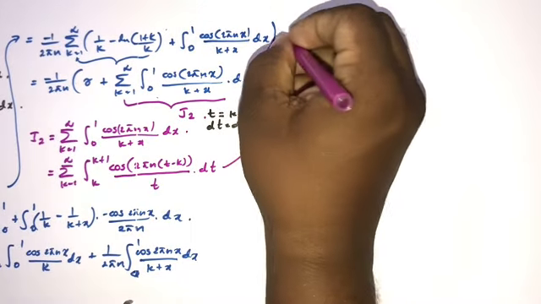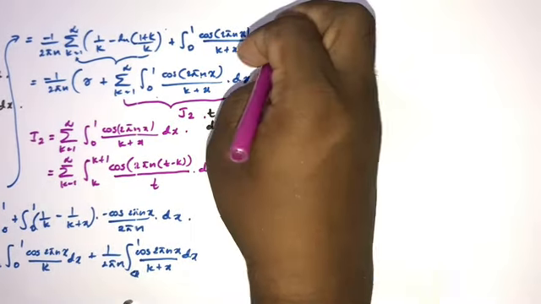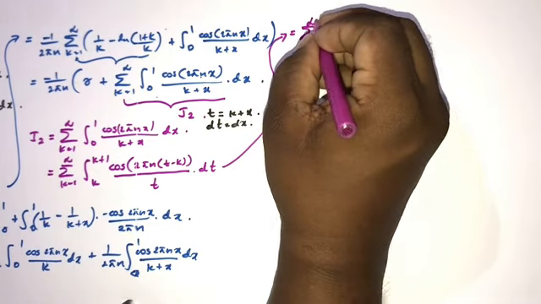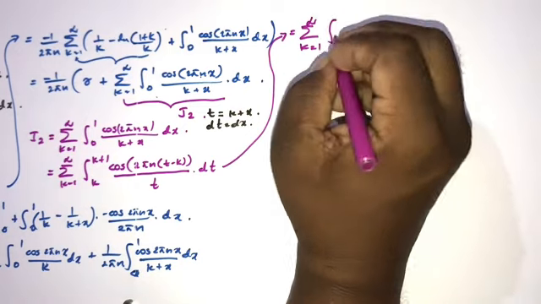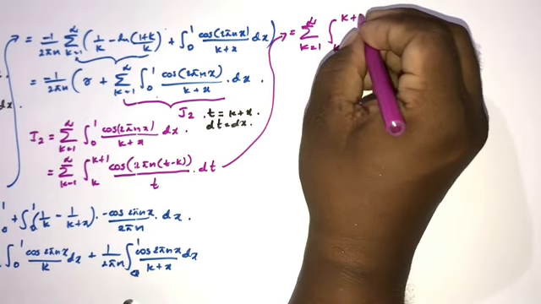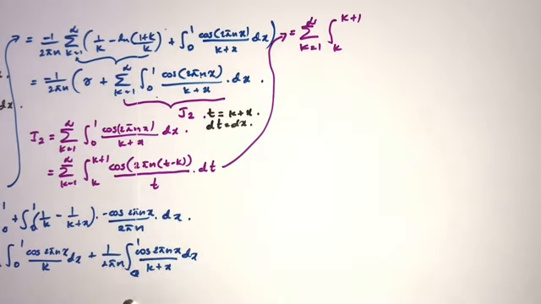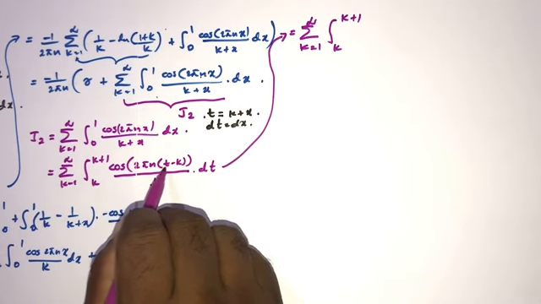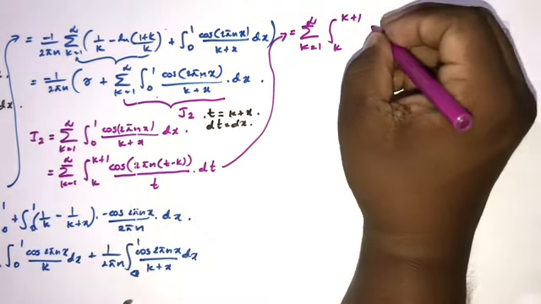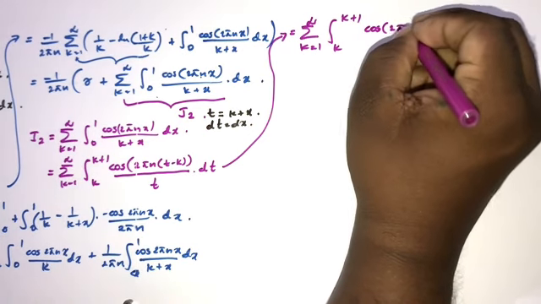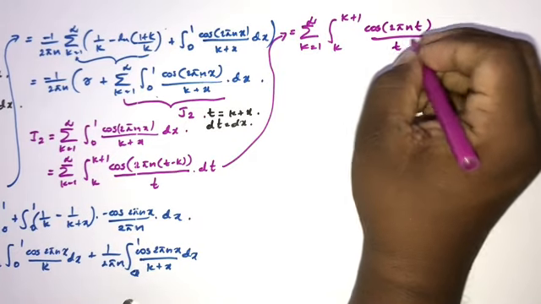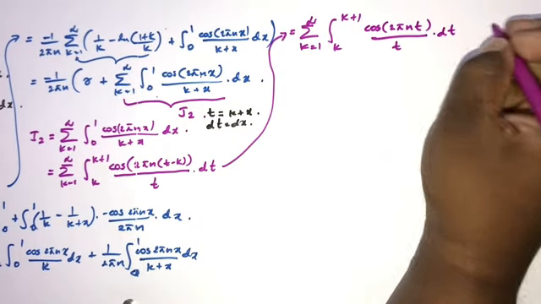Now we can write this is equal to the sum of k equals 1 to infinity, the integral from k to k plus 1. Now for n and k positive integers, we know cosine of 2 pi nt minus 2 pi nk equals cosine of 2 pi nt, over t dt.